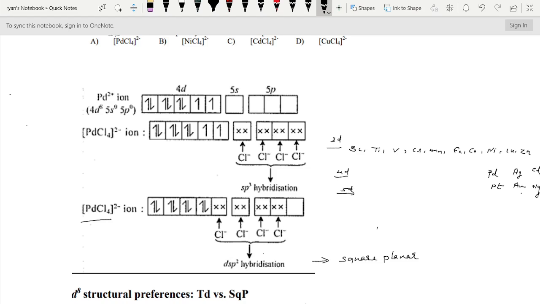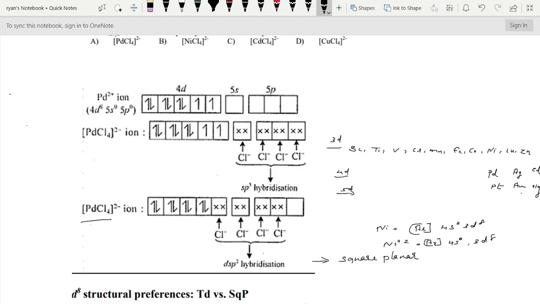The nickel electronic configuration is argon 4s2 3d8. In the case of Ni2+, argon 4s0 3d8.